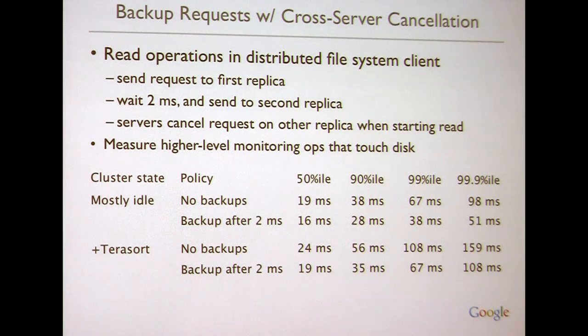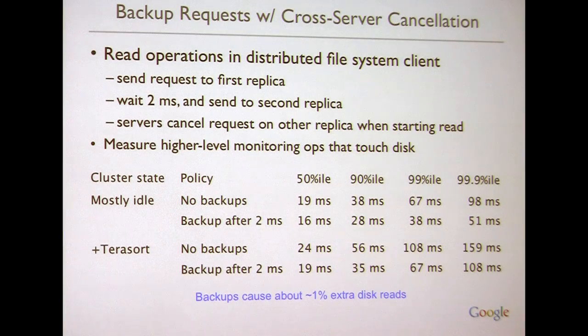That's sort of what you'd expect because now there's other stuff going on. But you still get this very nice reduction in tail latency, which is pretty nice. And you only do about 1% extra disk reads. So that's pretty good. I'd be pretty happy with it. I am pretty happy with that trade-off.